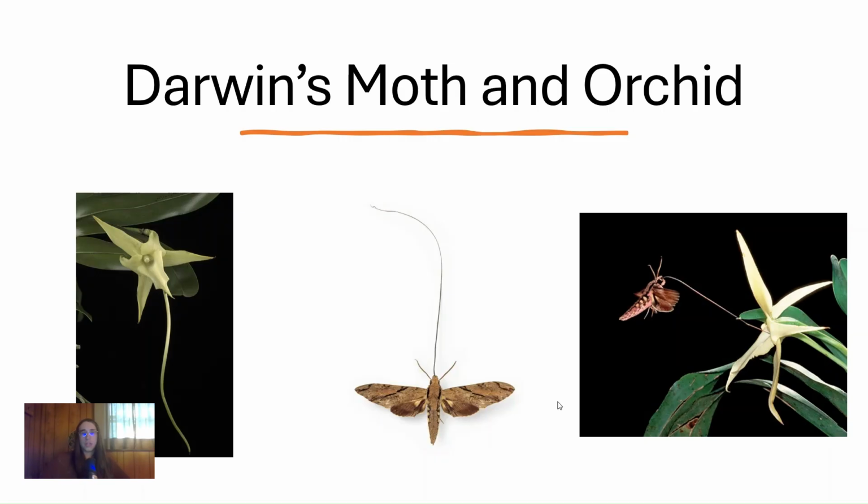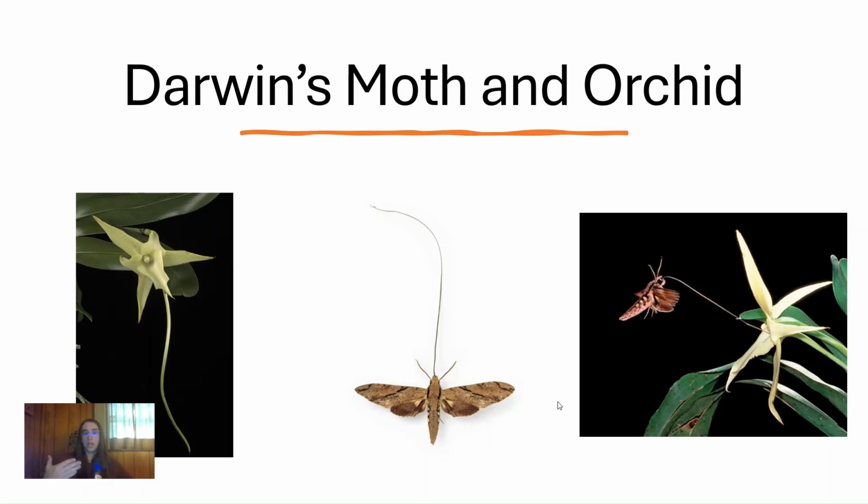And so these are two species that have lived together for a very long time, and have adapted to each other. The Darwin's orchid has adapted so that it targets this specific moth because it knows that the Darwin's moth feeds on it and is going to visit other Darwin's orchids.